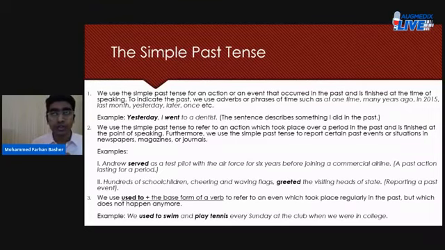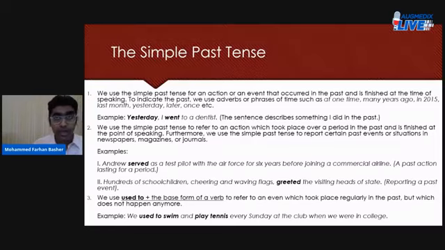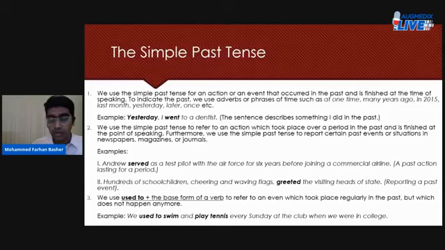When we read the newspaper, we find that newspapers report so many past events and incidents, and they do so in the simple past tense to talk of something that happened recently in the past. So here, the verb greeted is the past form of the verb greet, and by the word greeted, you mean something that was done in the past. Okay? All right.